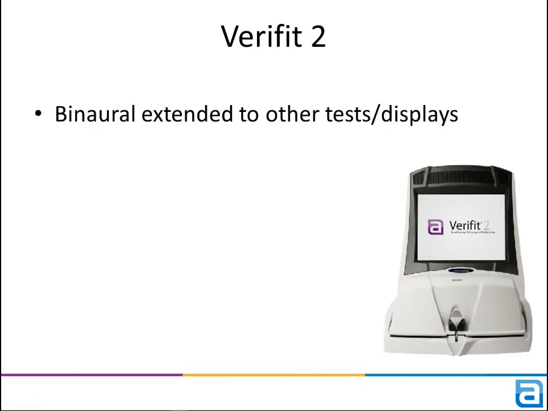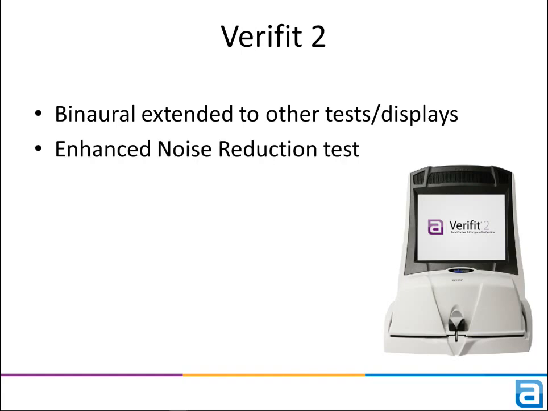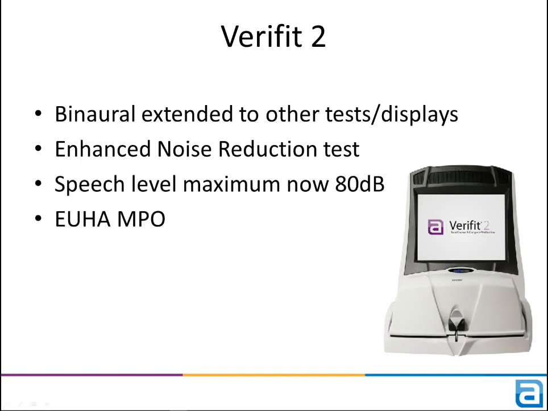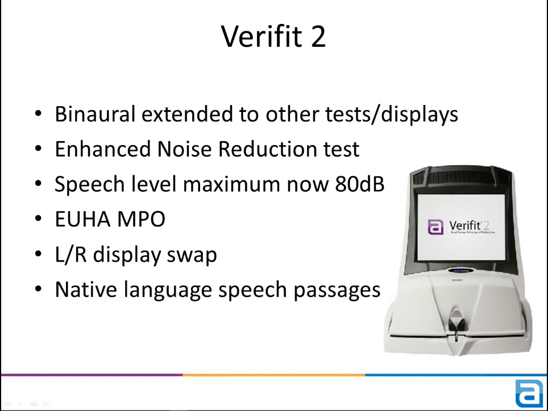For the Verifit 2, we have an extension of the new binaural test format, enhancements to the noise reduction test, 80 dB speech, UHA MPO signal, left-right display swap, native language speech passages, and the update to ANSI S3.22 2009.